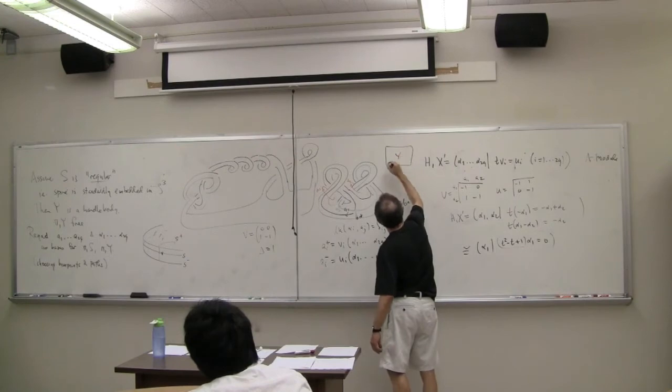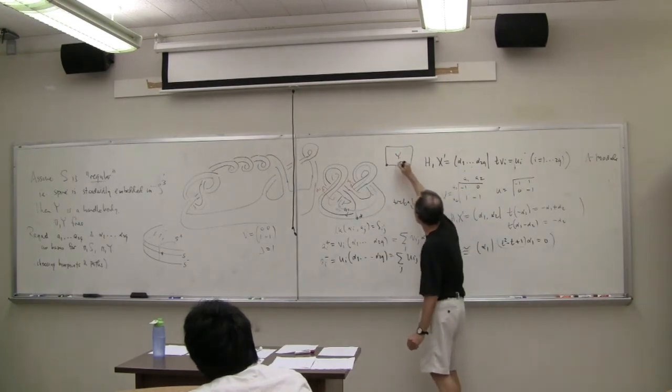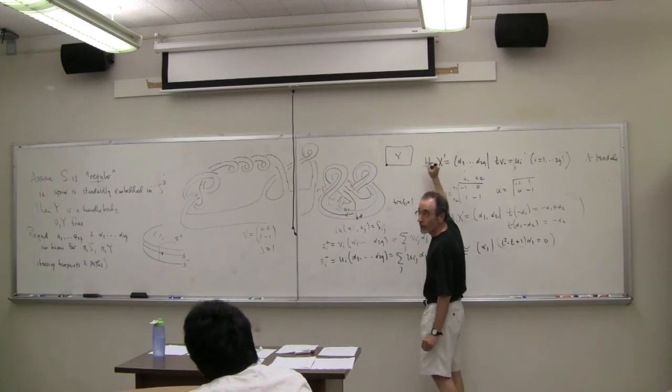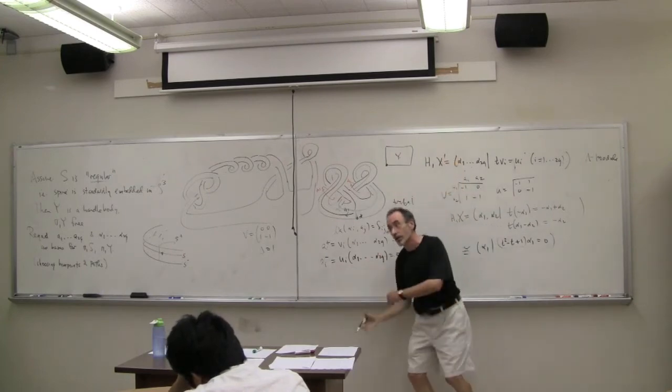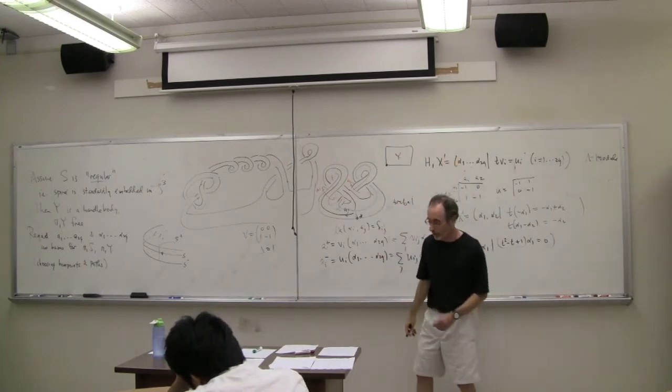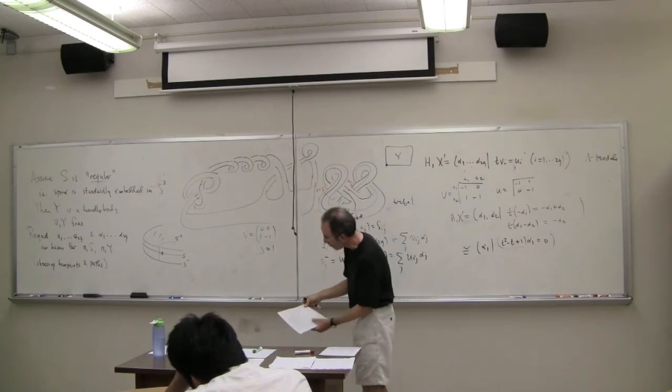If this is Y, it would be there. And to get to the other things, you have to travel along the meridian some number of ways. So generally, what you're going to see is some number of copies of the meridian conjugating to get you into other copies.